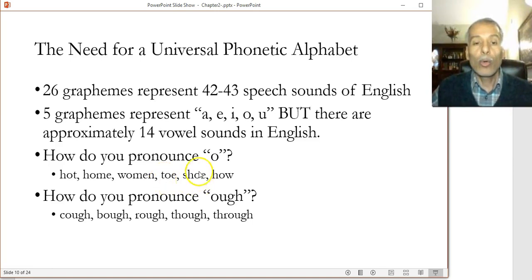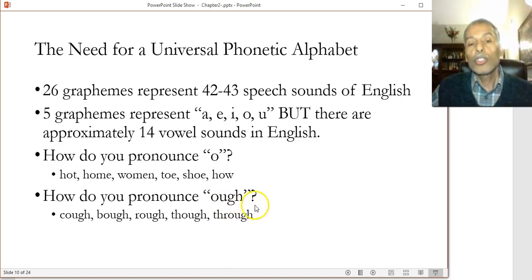So it has nothing to do with how this is written. And then even further, you say ow, how. So that letter doesn't really capture it. That same letter is pronounced in 1, 2, 3, 4, 5, 6 different ways.